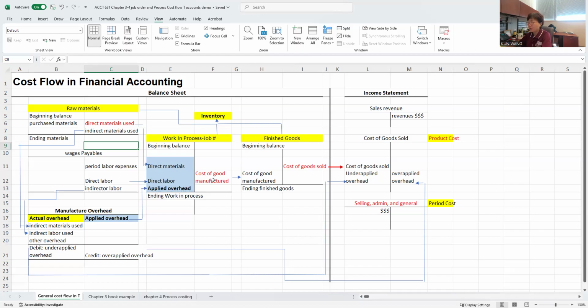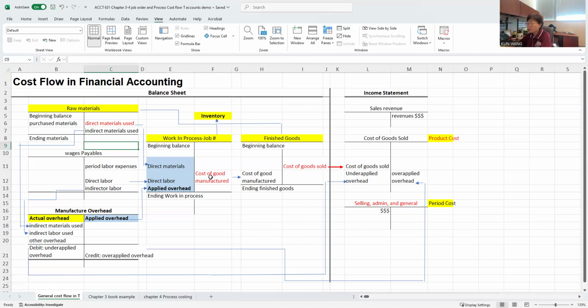That will be the cost of goods manufactured, a concept we introduced from chapter 1 and chapter 2, and now you will see exactly where and how we can generate this number in the cost flow process.